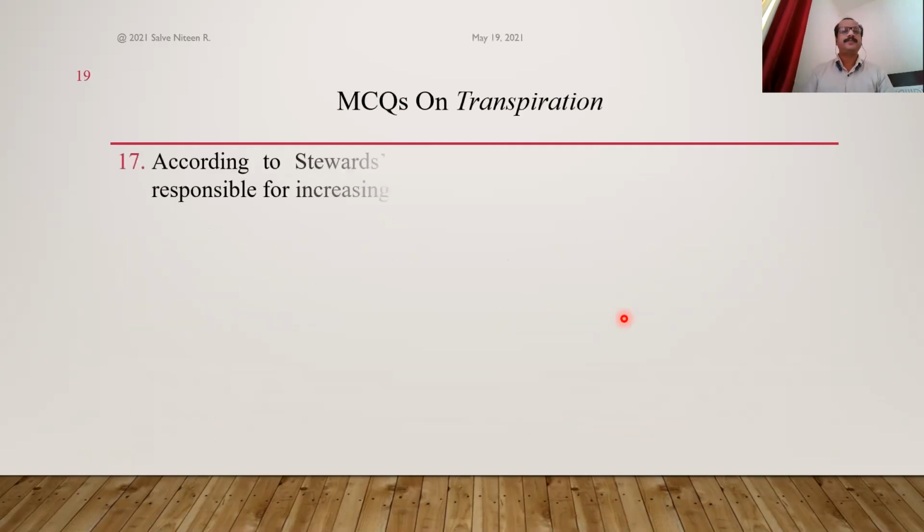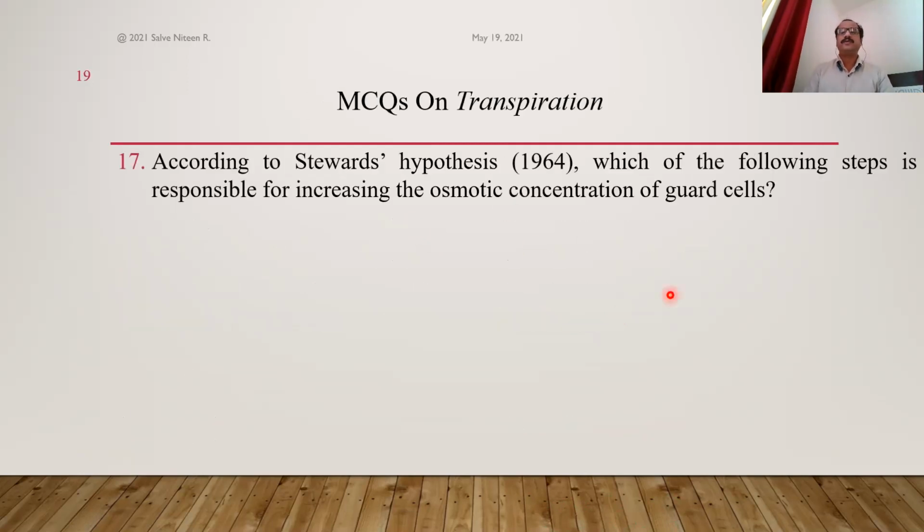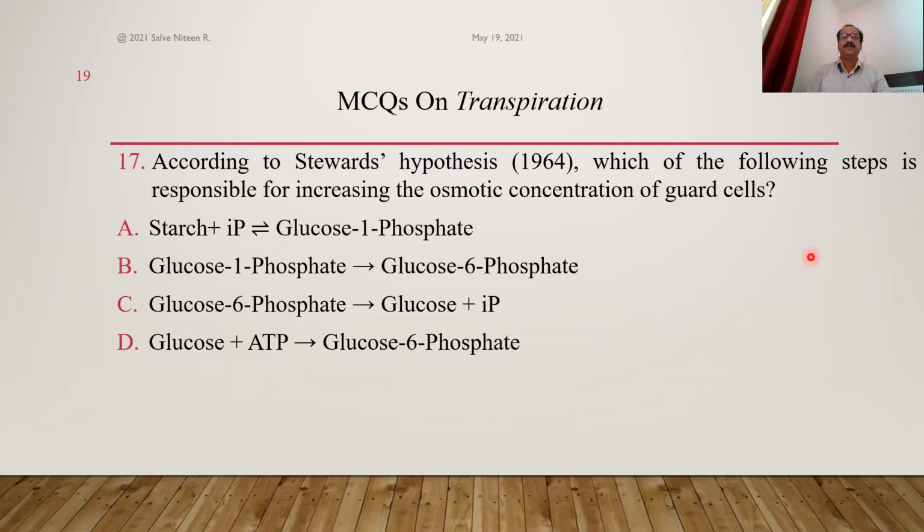Okay, next question. According to Steward's hypothesis, which of the following steps is responsible for increasing the osmotic concentration of guard cells? You have studied in the historical development that Steward said that conversion only up to glucose 1-phosphate or glucose 6-phosphate is not sufficient, but that glucose 6-phosphate has to be dissociated into glucose and inorganic phosphate.